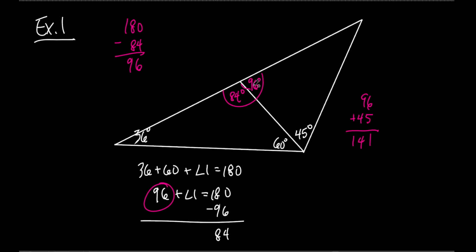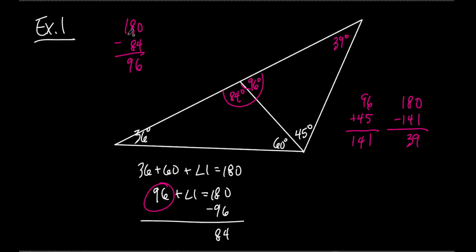And then what do we do with it? Now, that's 141. Does that mean this angle right here is 141? No. What do we have to do? We have to take it away from 180. And then what do we get? 39? Yep. So this angle right here is what? 39 degrees.